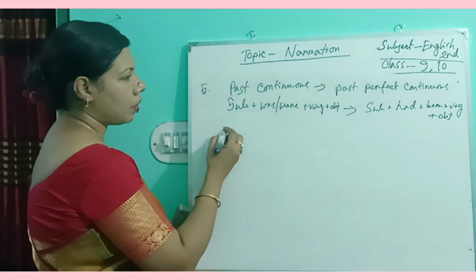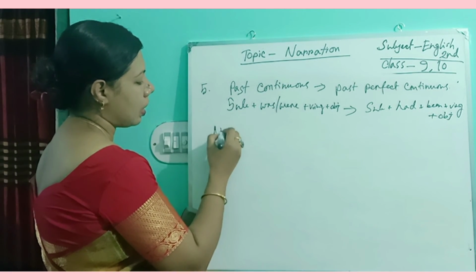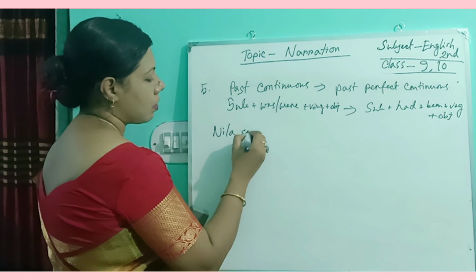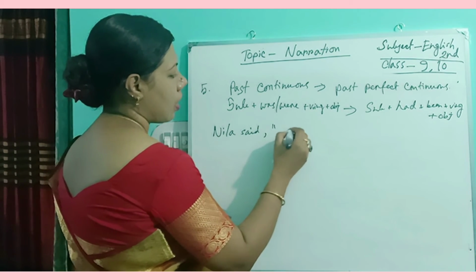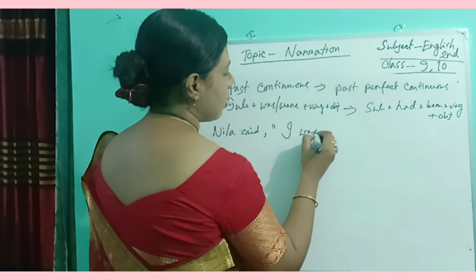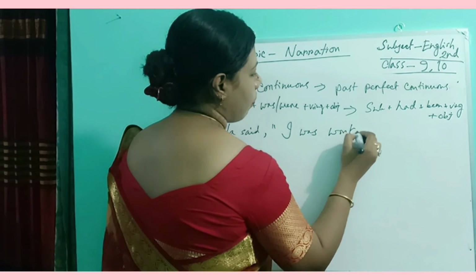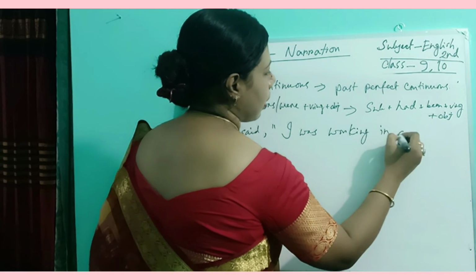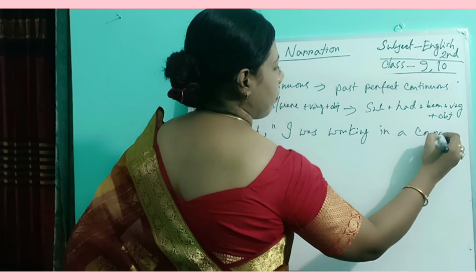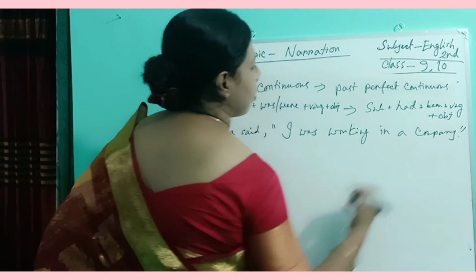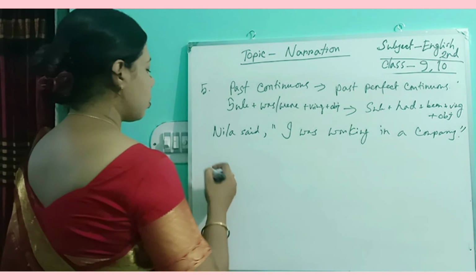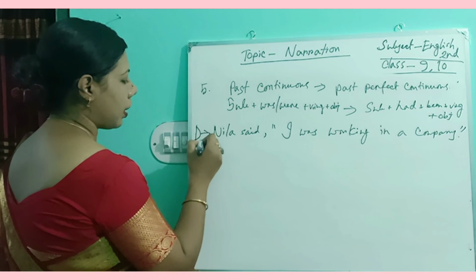The example is: Neela said, "I was working in a company." Inverted comma closed. This is direct.